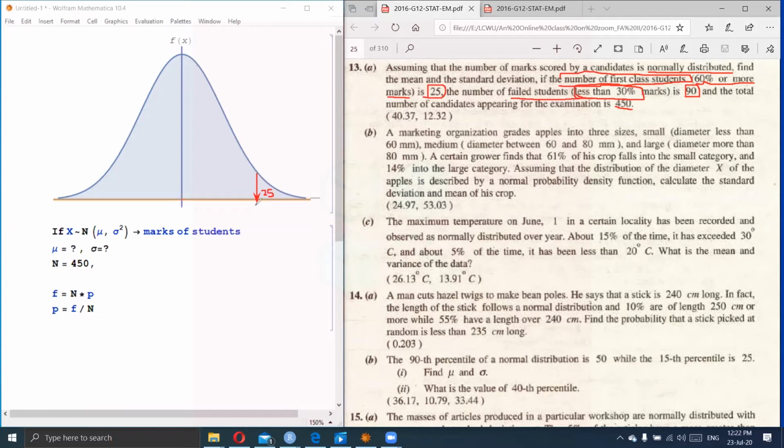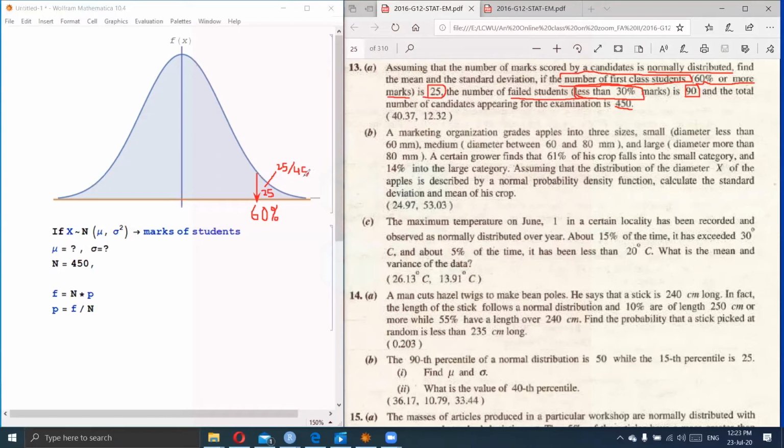And this point is 60% or more marks. Therefore, we can obtain this shaded area, 25 divided by 450. This would be the shaded area.